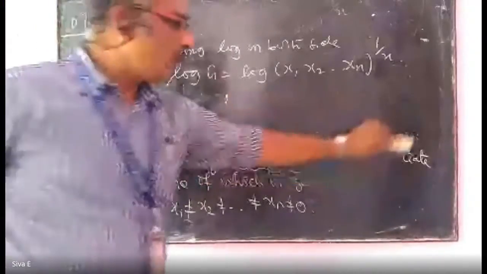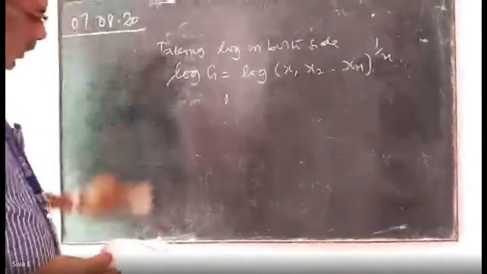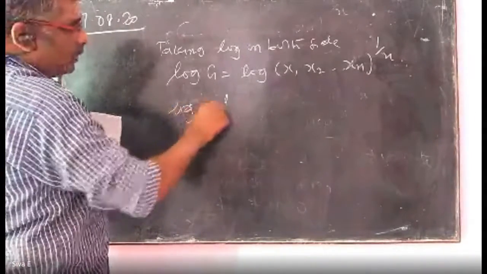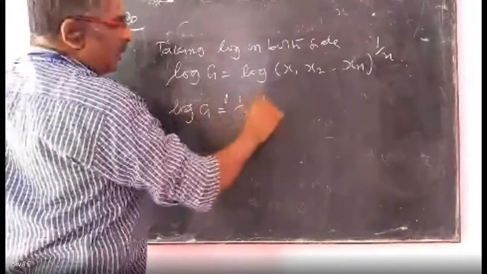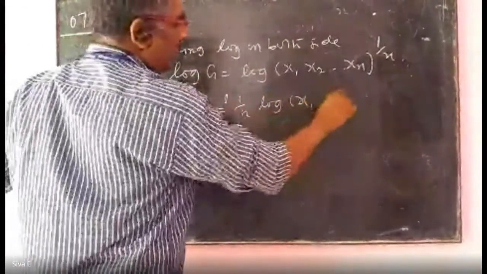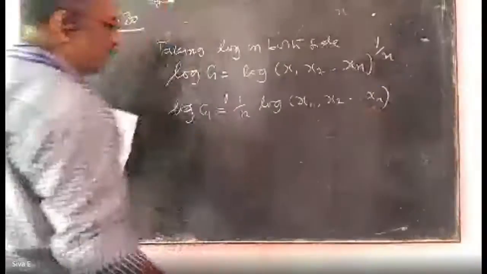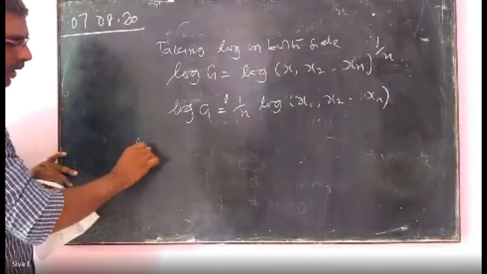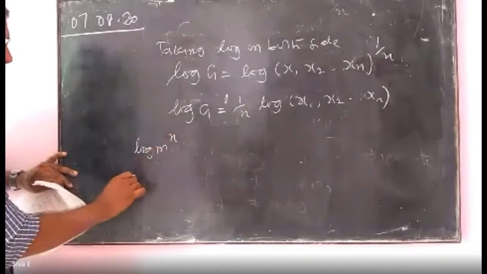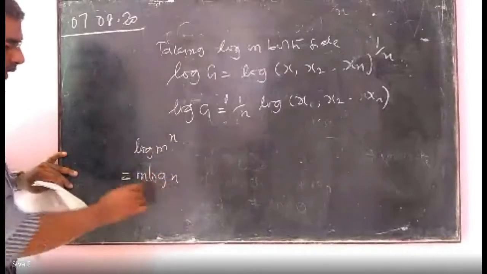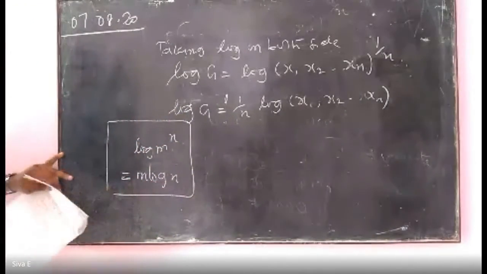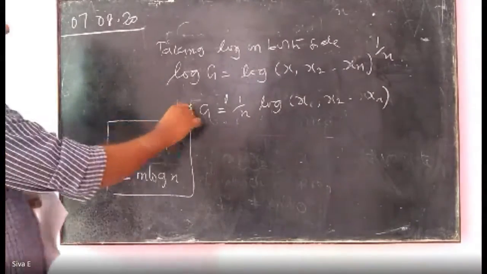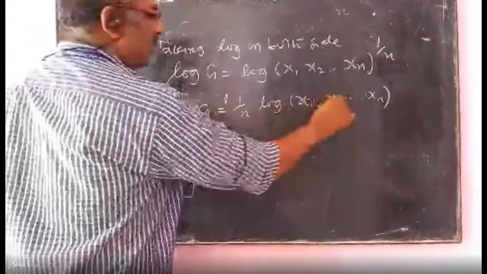Then you will get log G equal to 1 by n log (x1, x2, ..., xn). You know the log formula, log m power n equal to n log m. Using this property, we can write log G equal to 1 by n log (x1, x2, ..., xn).